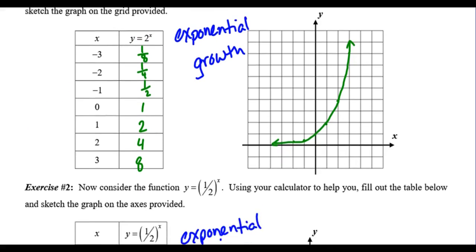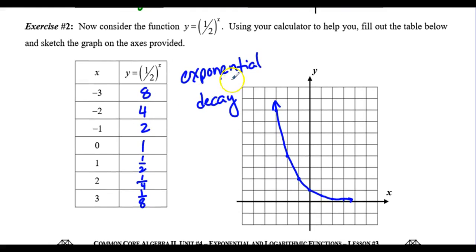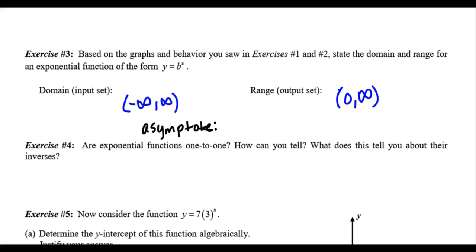And then as we look at our exponential decay function, as x gets very large, these numbers are getting half as big each time. And so this is getting closer and closer to 0. It will never reach 0, but now we can say that our asymptote is the line y equals 0, which corresponds to the range, how this value here cannot equal 0, but it gets very close.